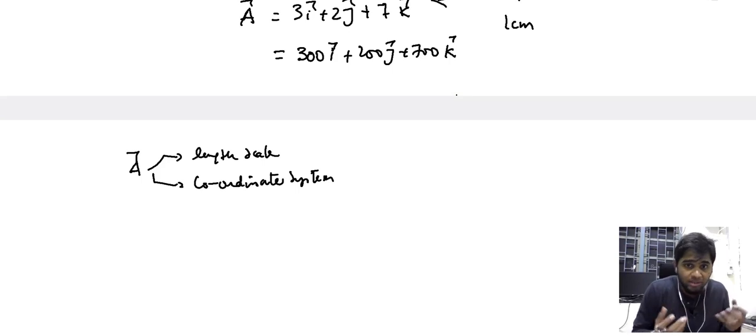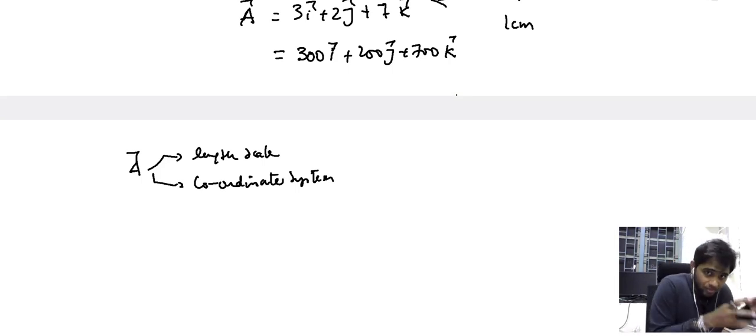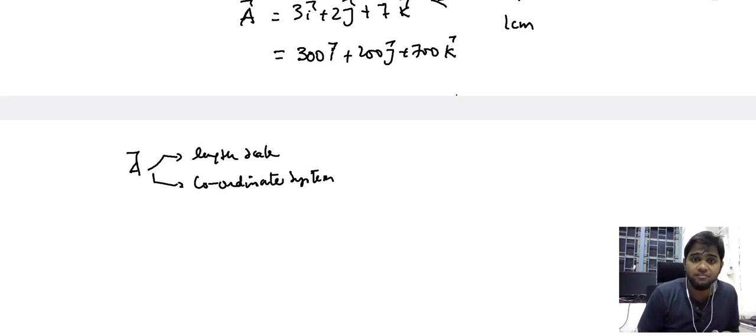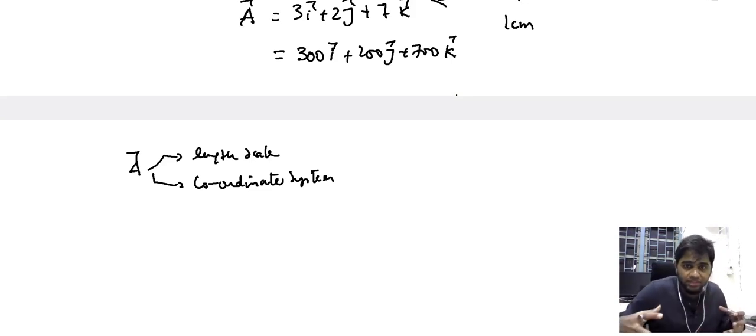So when you want a vector representation that includes both the microscopic scale and the macroscopic scale, when we have such multi-scale modeling, then we are representing the same vector depending on the length scale we are dealing with, using different representations, using different coordinates.